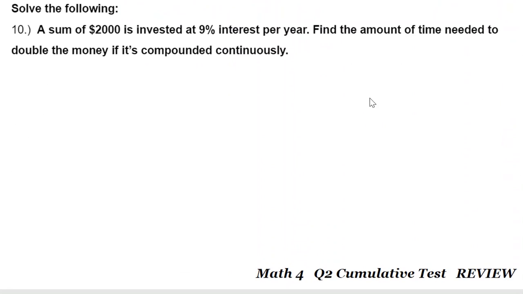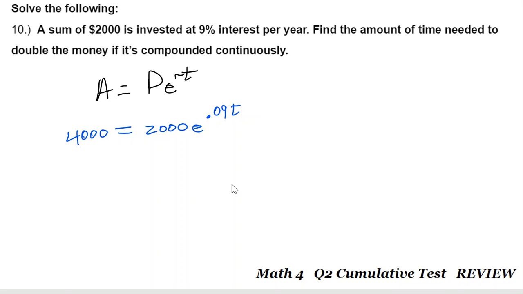Now we're playing the same game if it were continuous, which the formula is going to look a little different. Doubling the money would be 4,000. We started with 2,000. Our rate was 0.09, and we need to figure out what is the time.